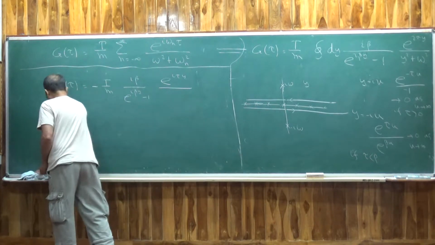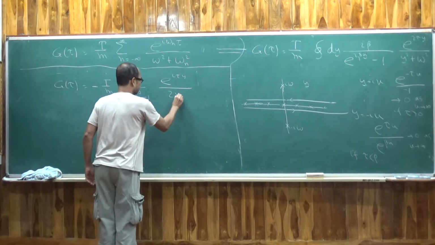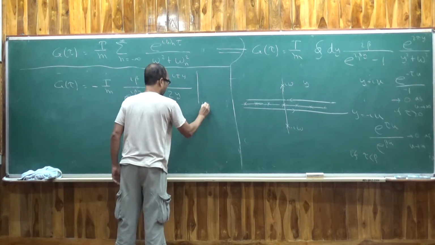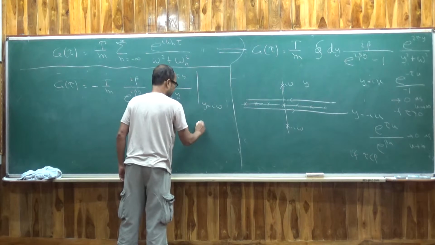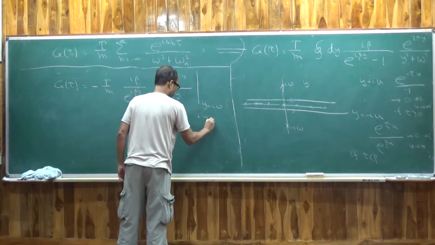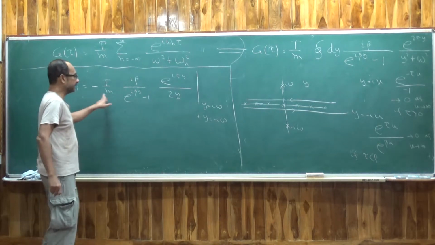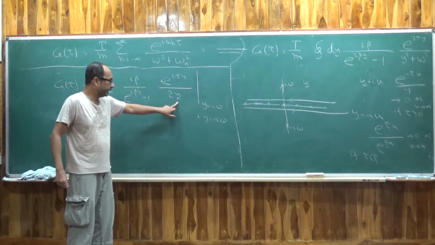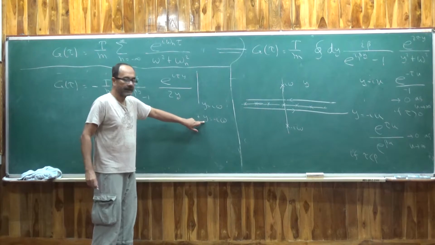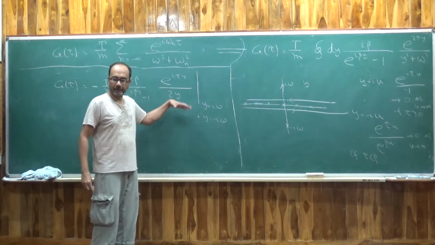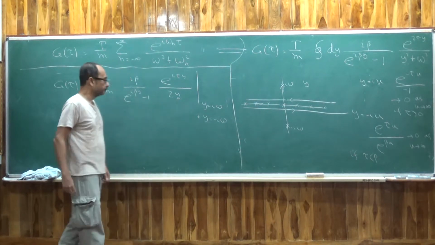The residue is 2y, and you have to sum over y equal to I omega plus y equal to minus I omega. So this expression you have to evaluate at y equal to I omega, at y equal to minus I omega, and add them up. These are the sum of the residues.